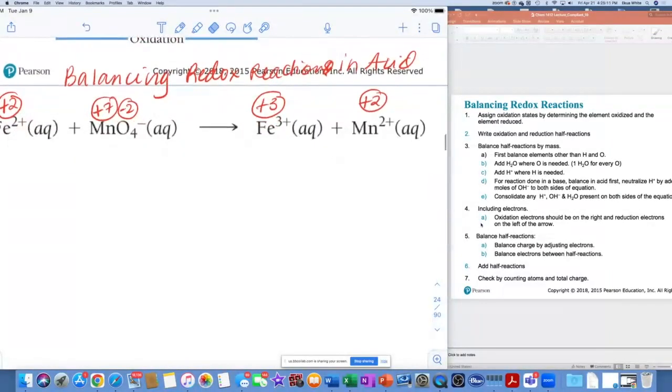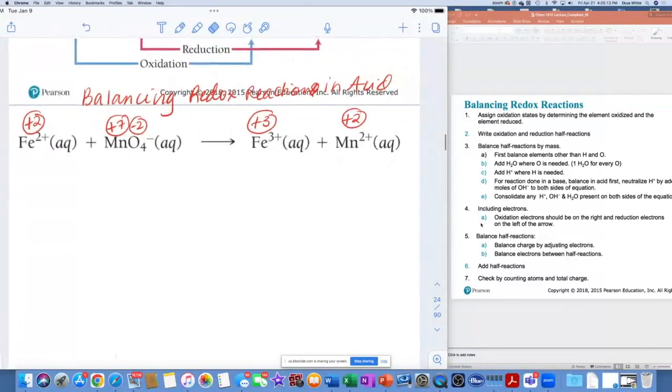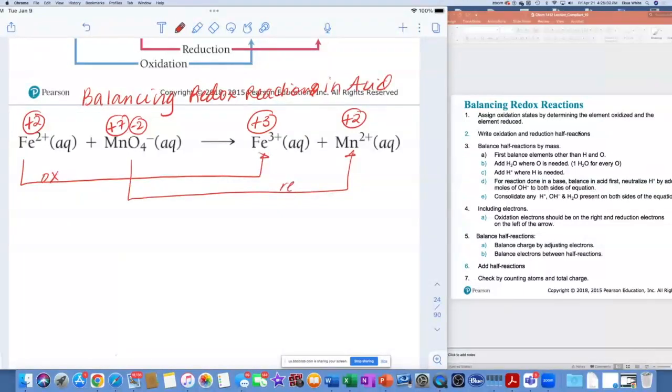Okay, the next thing we're looking at, oops, this is kind of out of frame there. The next thing we're looking at is number 2, the oxidation and reduction half reactions. So we're doing this right here, and then this right here. Fe is oxidized, right here, OX for oxidation. This one here is being reduced, RED for reduction. If you look at the numbers up here, it goes from +2 to +3.